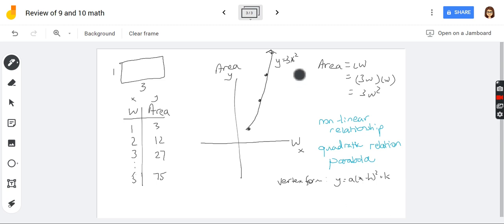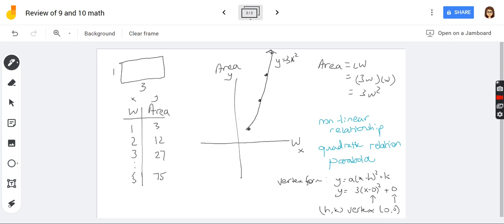And y equals 3x squared, it's like saying y equals 3 times x minus 0 squared plus 0. This is equivalent to 3x squared. You'll see if you expand this out, you just get 3x squared. And this 0 and this 0, the h and k, give you the vertex, which means that the vertex of this one is 0, 0.